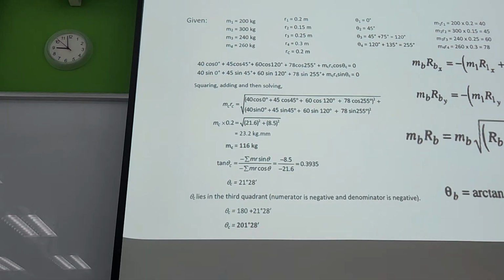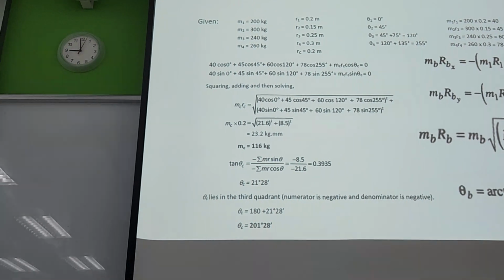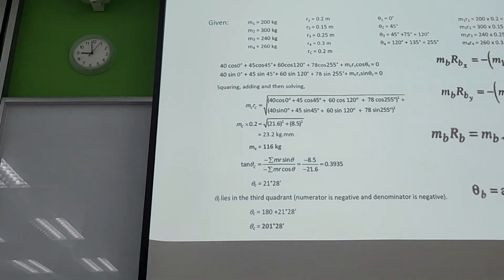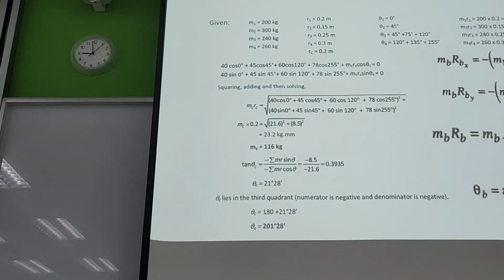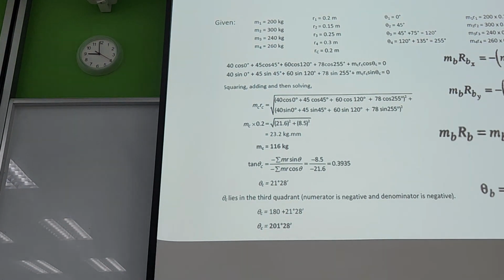So this is F1. Okay. F1 is M1R1 omega square. So plus F2, this is 40 units for you. Okay. So if you choose a coordinate axis, this is your x-axis.